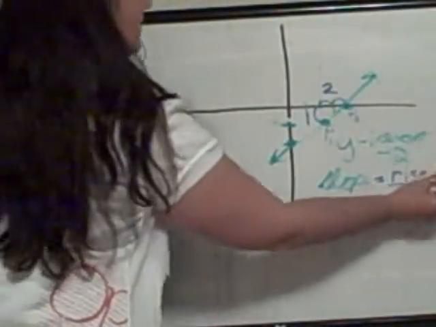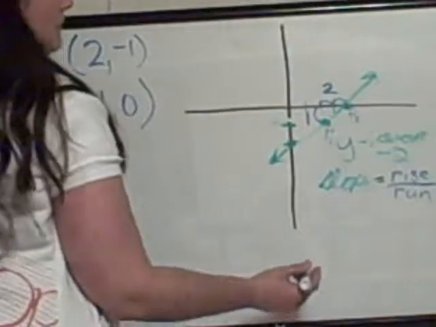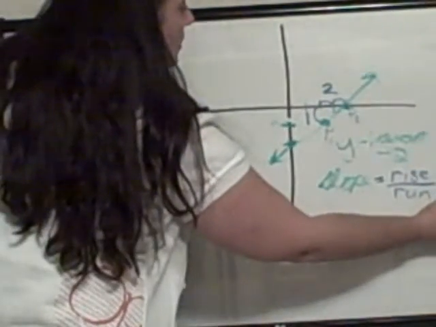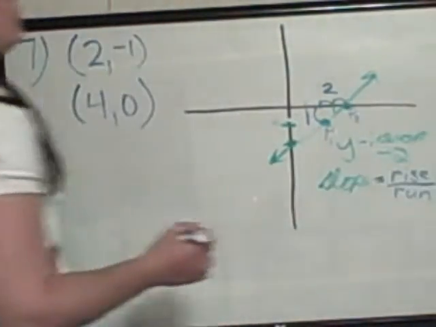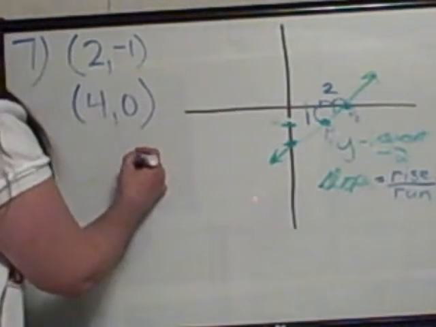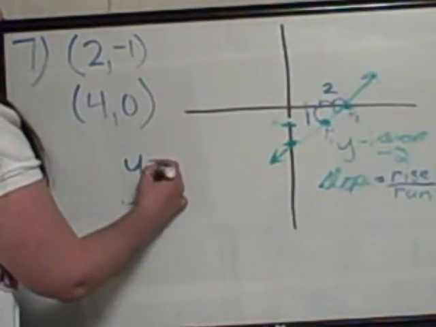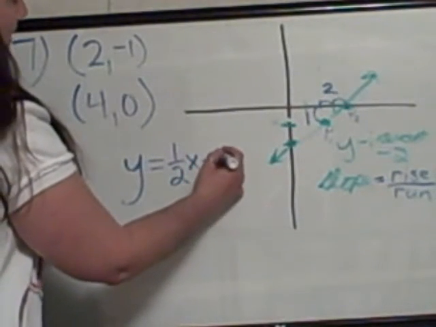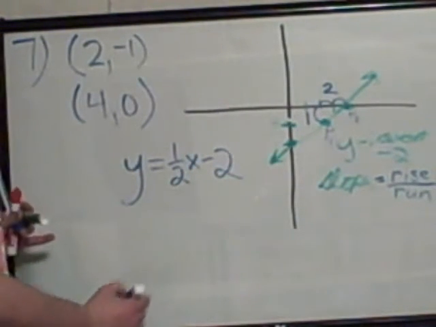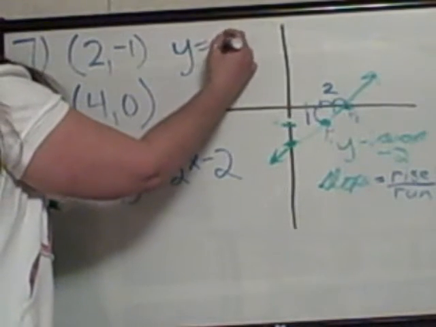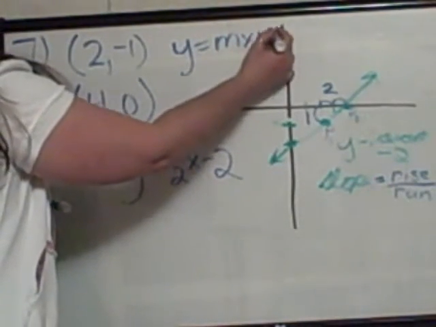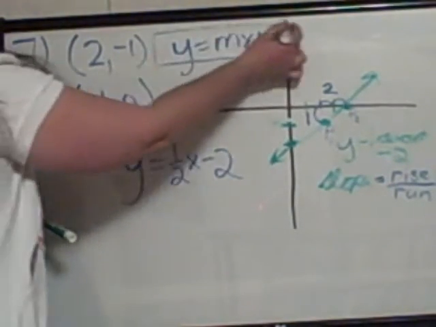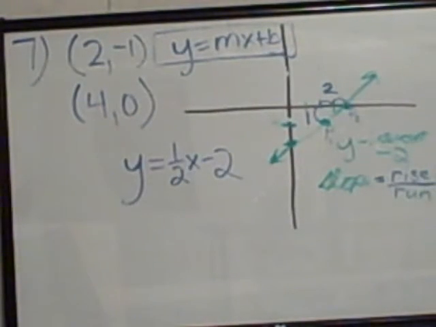The number that represents the rise is the 1. The number that represents the run is 2, which means my slope is 1/2. Putting it together, y equals 1/2 x minus 2. Remember, y equals mx plus b is the equation of a line in slope-intercept form.